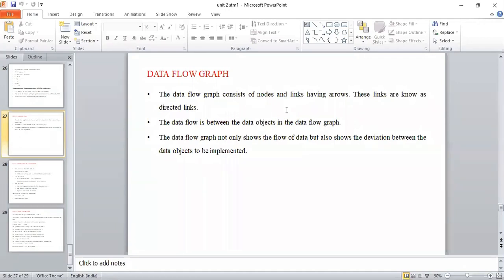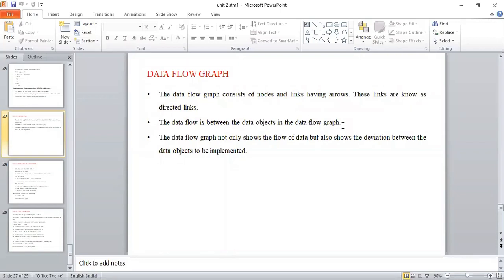So it contains the nodes, and the nodes are connected through the links. What the nodes represent in the data flow graph are the data objects which you are using. The data objects which you are using are the nodes taken in the data flow graph. The connections will be made between the data.